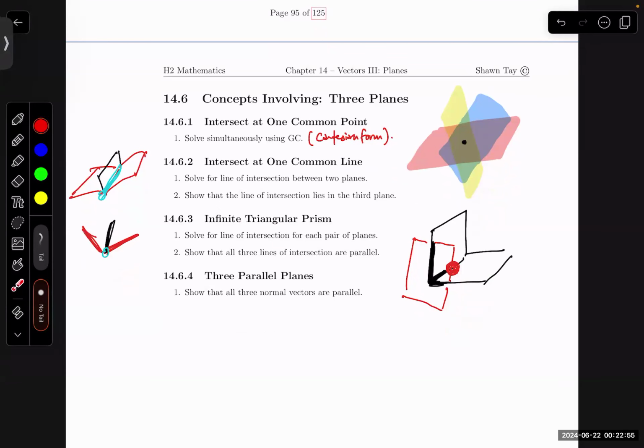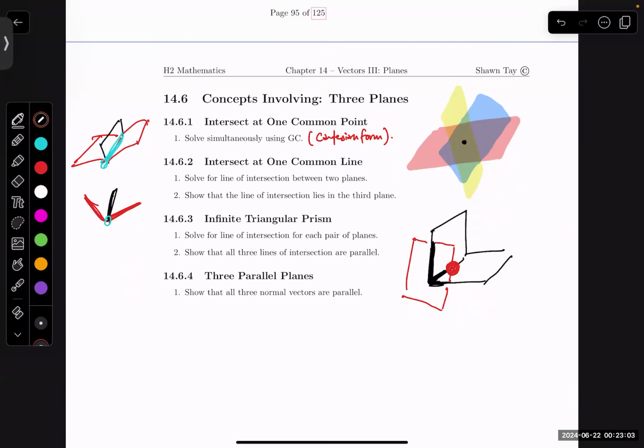Next one is the infinite triangular prism. Basically, the planes look like this. Let me use a different color. This infinite triangular prism is just plane, plane, plane.